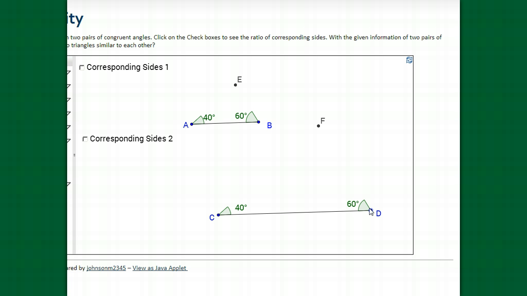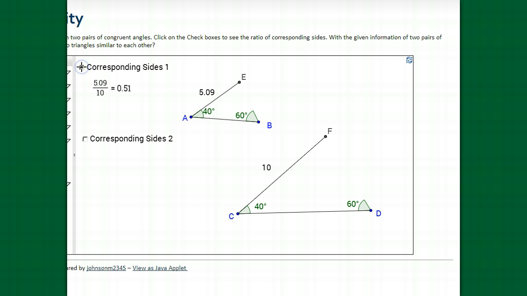From point C, we're going to go up. Eventually, it's going to come up here to point F, and then at point D, it's going to come up here to point F to form a triangle. But the key thing is, you're given just two pairs of angles. With those two pairs of angles, we don't have anything about the length of that side in between. Doesn't really matter. All we have are those two angles.